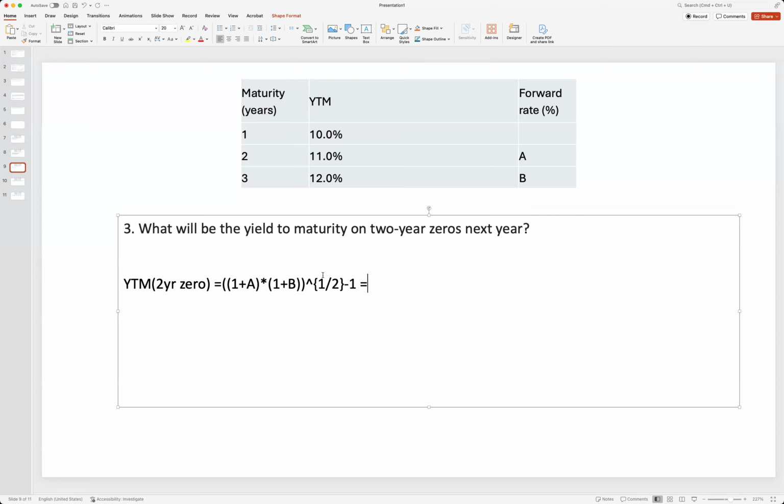Now let's plug in numbers. So we have 1 plus 12%, which is the solution of A, times 1 plus 14%, 14% is B, raised to the power of 1 over 2, minus 1.